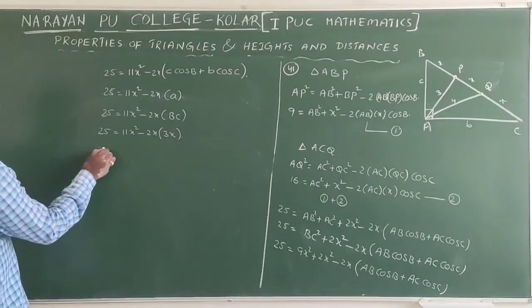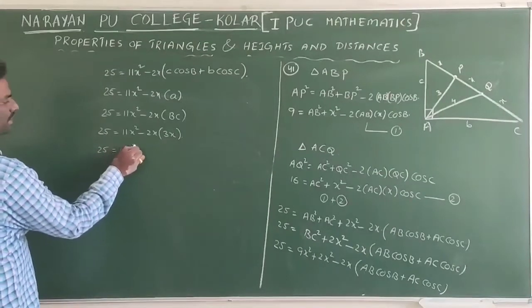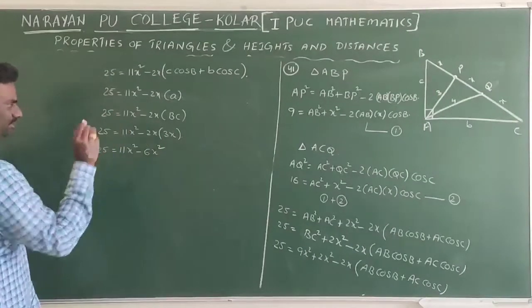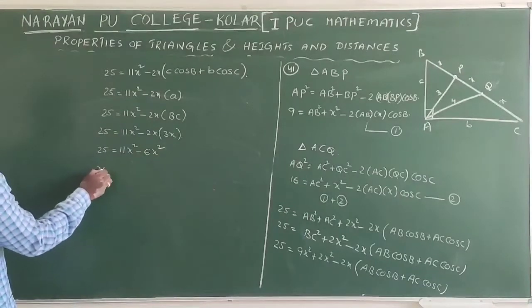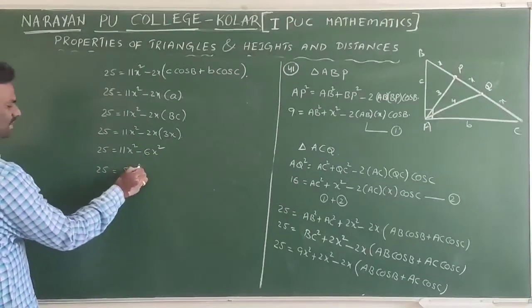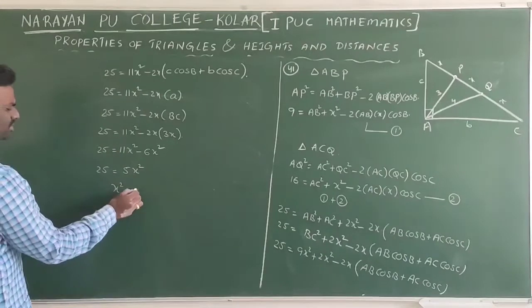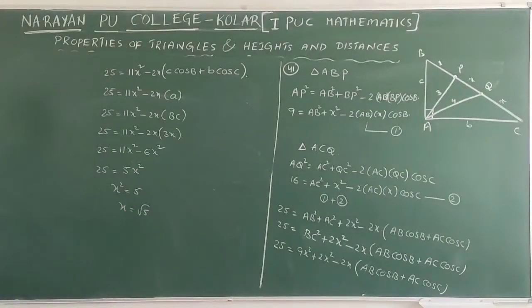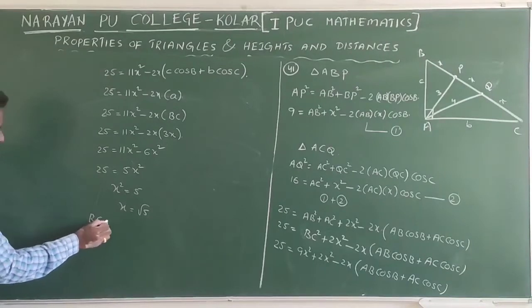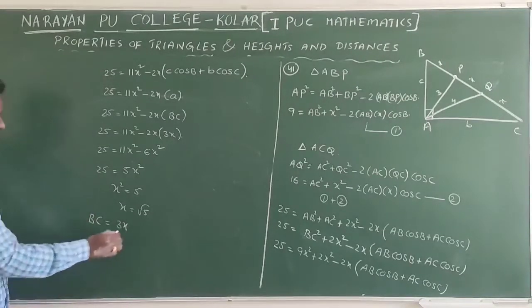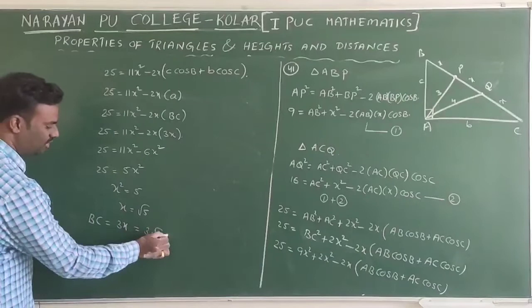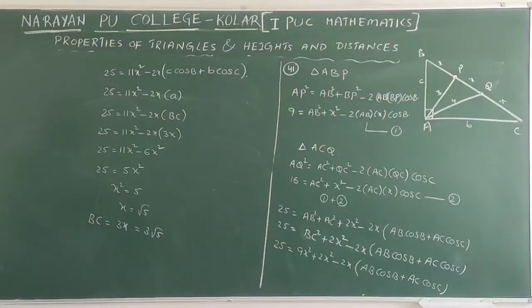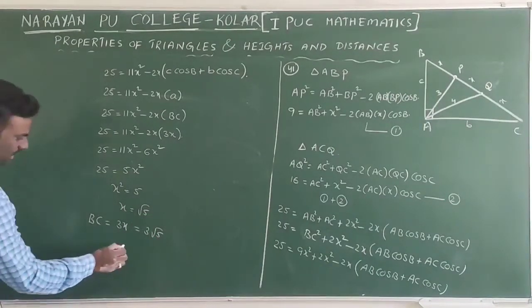Now 25 is equal to 11x square minus 6x square, so 25 is equal to 5x square. x square equals 5. x is root 5, don't take plus or minus, length is always positive. But we require BC, which is 3x. So the answer is 3 root 5. That is option A, the correct answer.